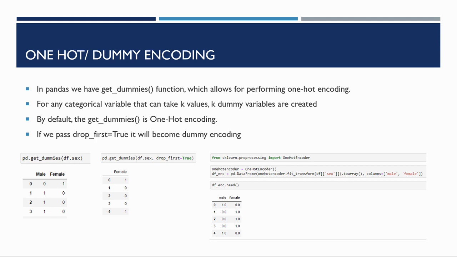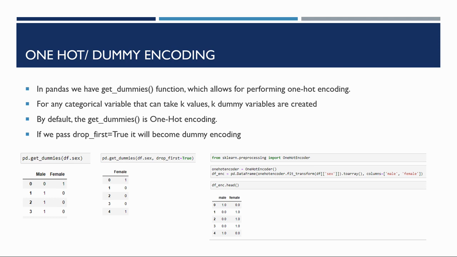So here we see how to perform one-hot encoding or dummy encoding. In pandas, we have the getDummies function, which is used to convert a categorical variable into a numerical variable. For any categorical variable that can take k values, k dummy variables are created. Let's say, for example, we have a column like sex, which contains male and female as two categories.